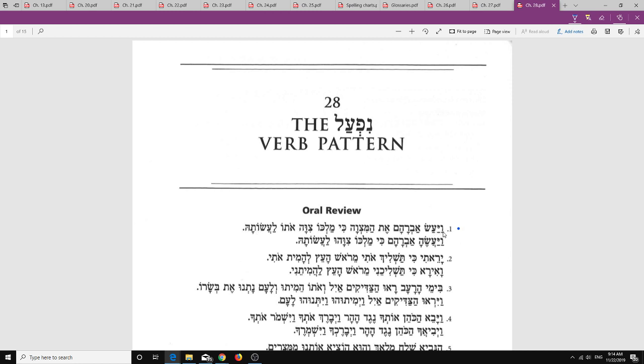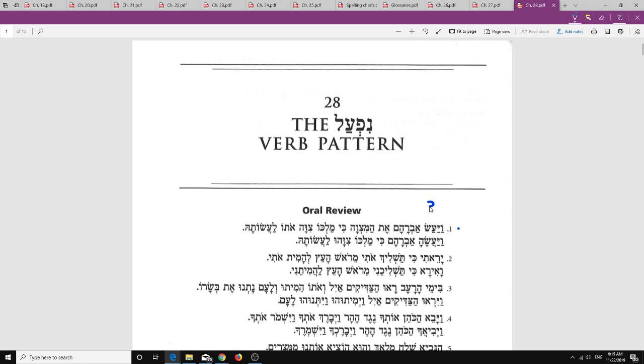Okay, first, let's run through these diagnostics of the verbs. So we start out here with va yasa or va ya'as. We can see we have a vav conversive out front, and then probably an imperfect third masculine singular form.